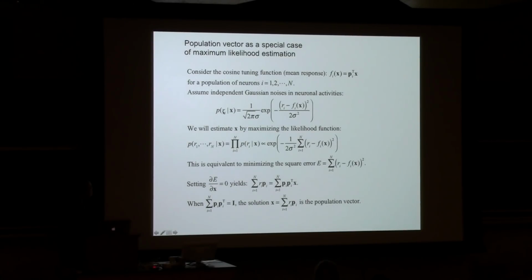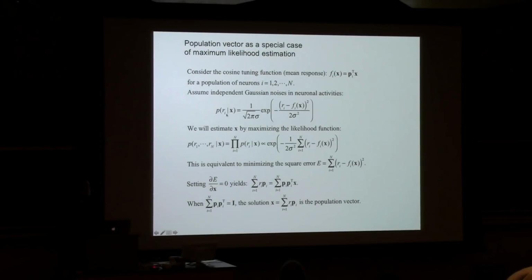So suppose I have a bunch of neurons, each has a tuning curve, this f as a function of x, right? x is the reaching direction. I assume you have this dot product form. It has a cosine tuning in this three-dimensional or two-dimensional space, all right? So I assume each neuron, given a stimulus x, has some response.